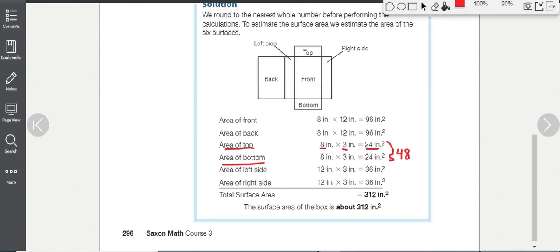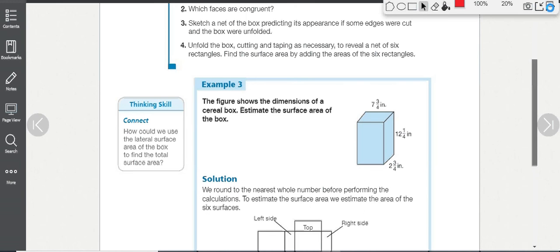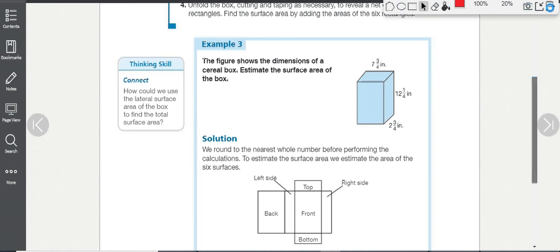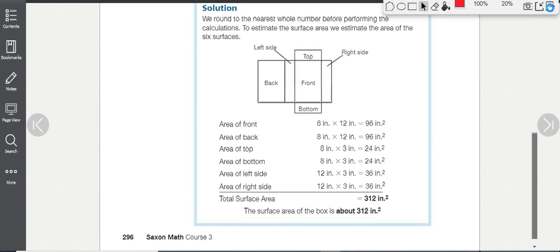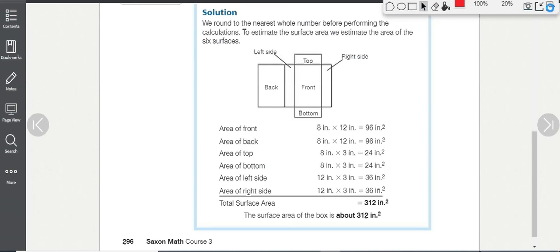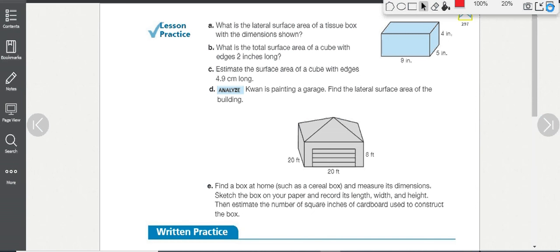And then if you had just found the perimeter, which is 22, times the height, which was 12. Let's look. Yeah, about 12. 22 times 12 plus the 48 would be 312 inches squared. You can check me if you want.